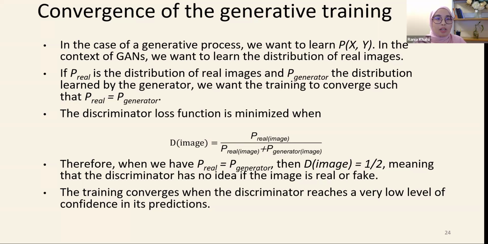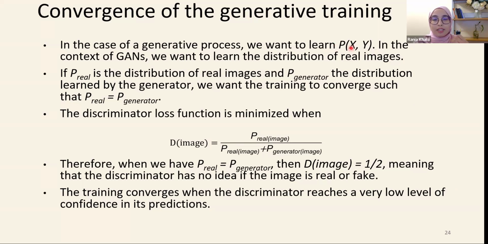For example, if x is an input variable and y is a target variable, we want to learn the probability of y given x, and this is what we did all the time. So we learned the distribution of the variable y conditioned on x. In the case of a generative process, we want to learn something else: the joint distribution of x and y.